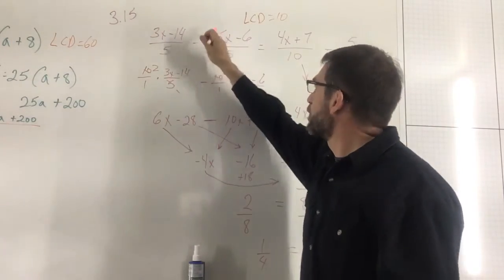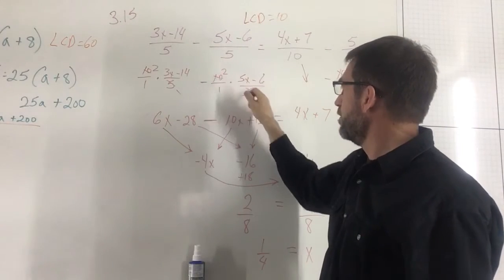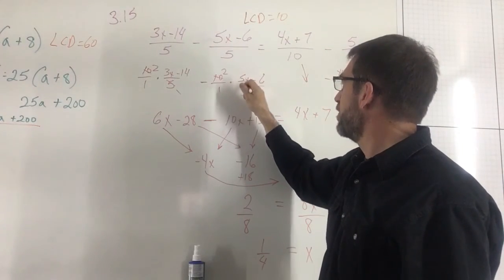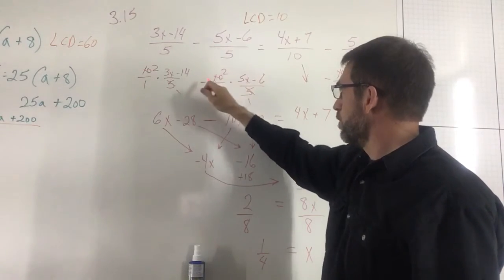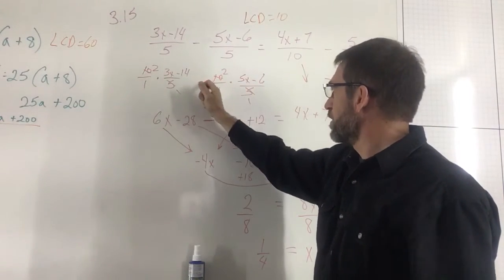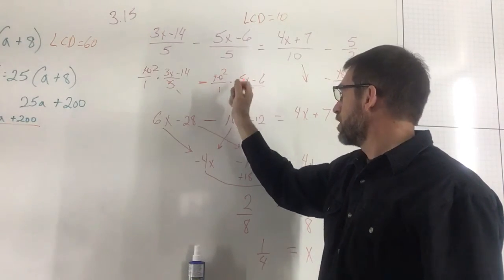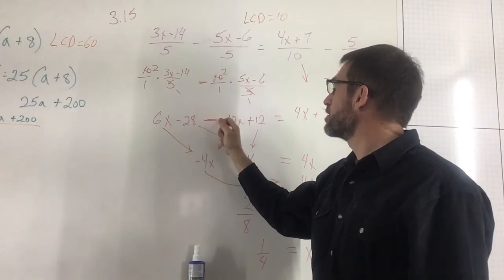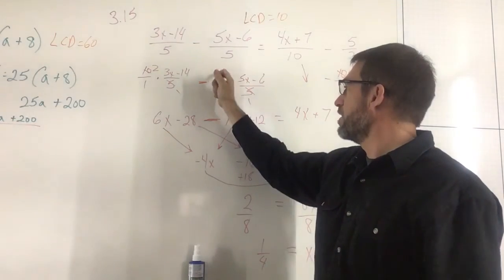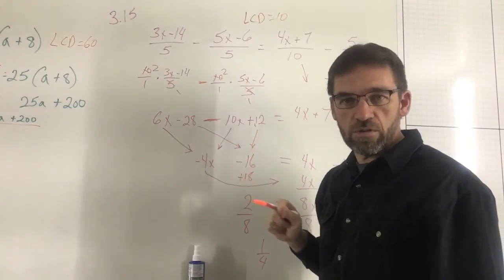Okay, so I move over here, 10 times here. I cancel out again, the 10 and the 5. And so I had 2 times 5x equals 10x. 2 times negative 6. Look at what I got. Did you see this sign right here? Negative 2 times 5 made you a negative 10x. Negative 2 times negative 6 made you a positive 12.